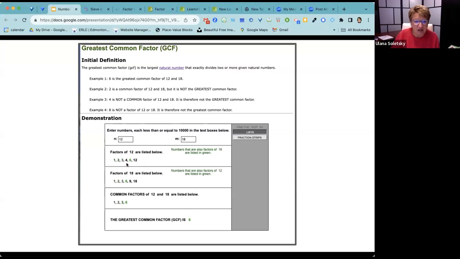And so it lists all of the factors of 12, lists all of the factors of 18. You see the common factors are 1, 2, 3, 4 is not common, 6 is, 9 is not, 12 is not, and neither is 18. So that means the greatest common factor is 6. Okay.